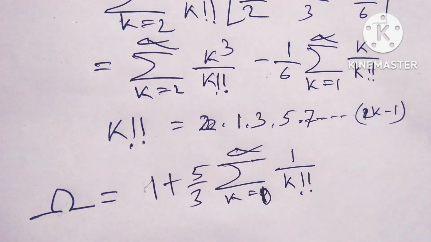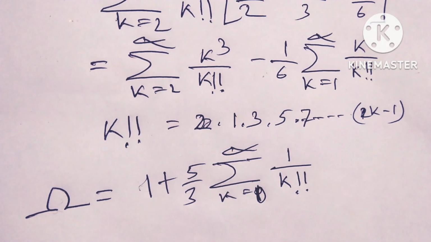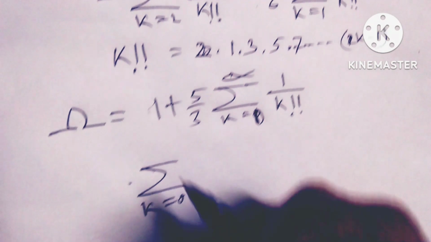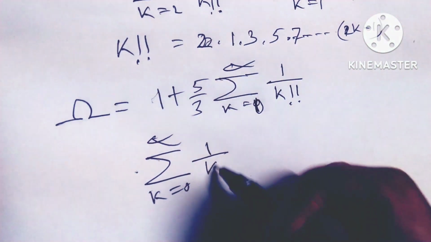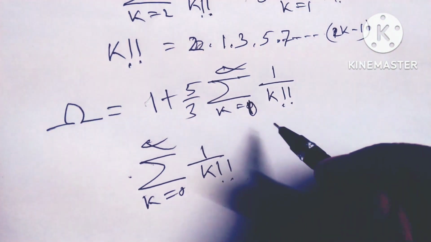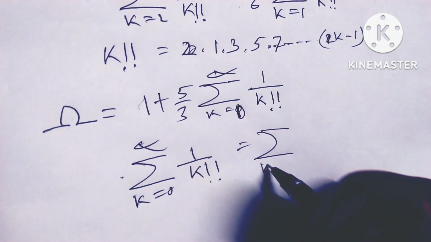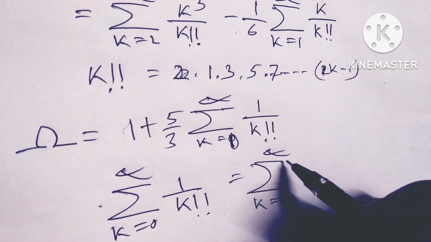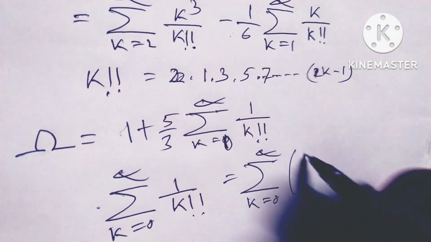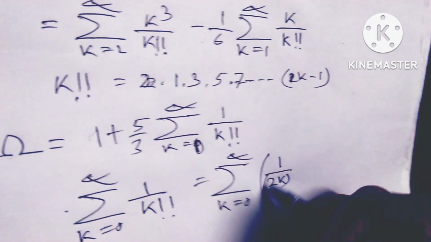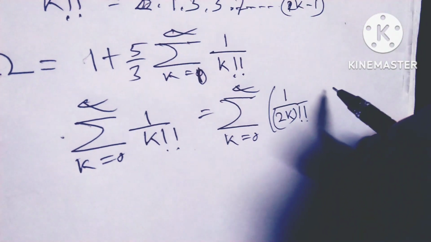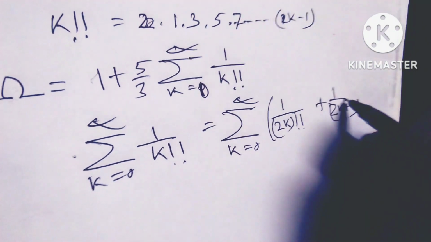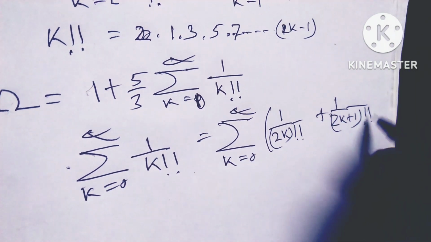So friends, 5 by 3 summation k equals 0 to infinity 1 by k double factorial equals the summation k equals 0 to infinity of 1 by (2k) double factorial plus 1 by (2k plus 1) double factorial.